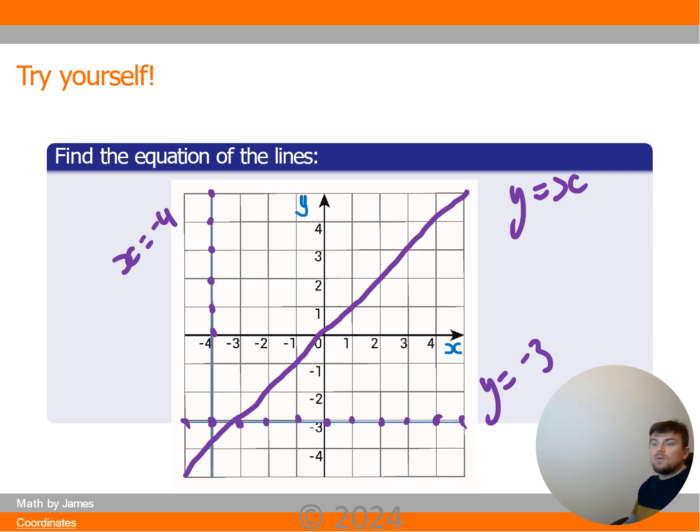When y is 1, x is 1. When x is 2, y is 2. When x is 3, y is 3. When y is 4, x is 4, and so on. Minus is included: when x is -1, y is -1, and we keep going.